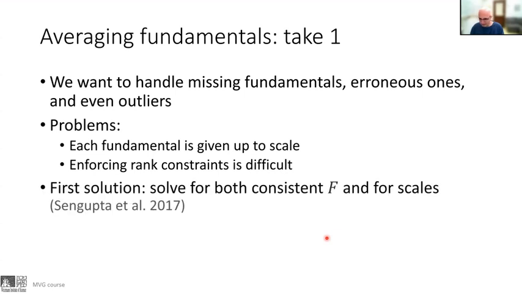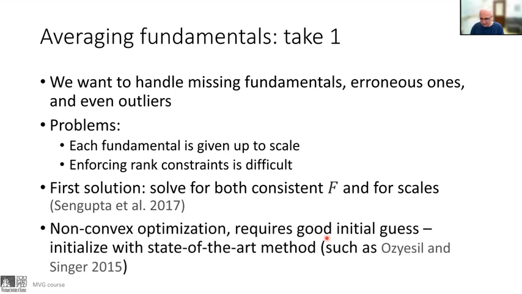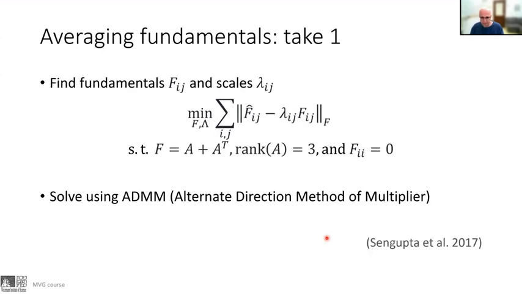So one possibility which we tried in a previous paper is to solve for both scales and cameras. And this leads to a non-convex optimization that required a good initial guess. And that was not so good. So we wanted to improve over that.